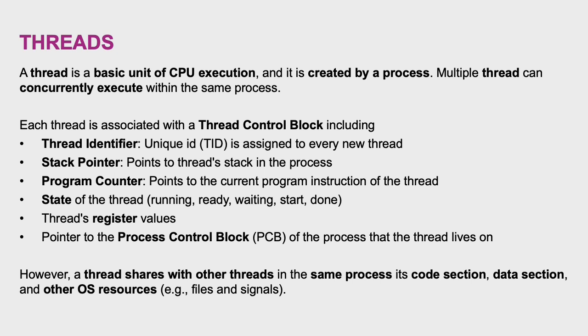The specifics of the TCB may vary depending on the operating system implementation, but this information is quite common. The TCB is created when a thread is created and is critical to effectively manage threads in multi-threading operating systems, including scheduling for its execution on the CPU, switching between threads, and saving and restoring thread execution context during context switches.